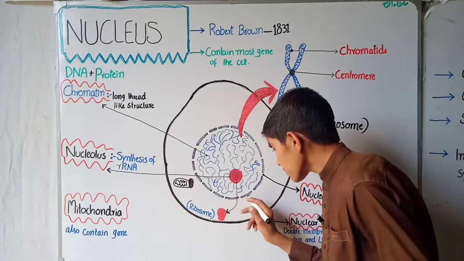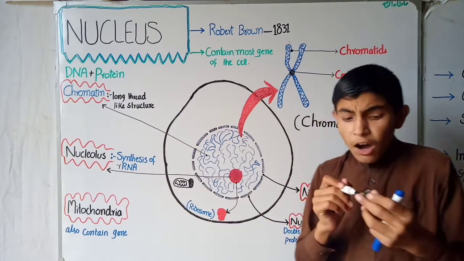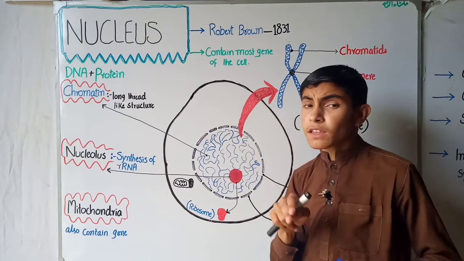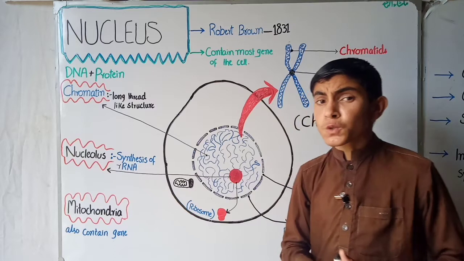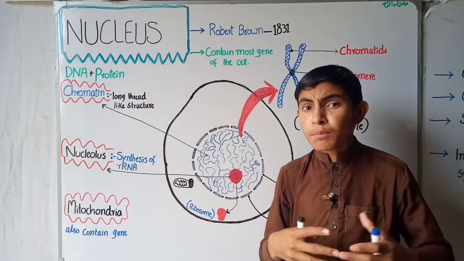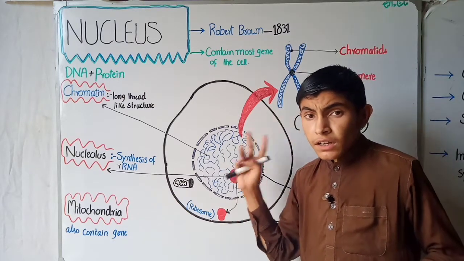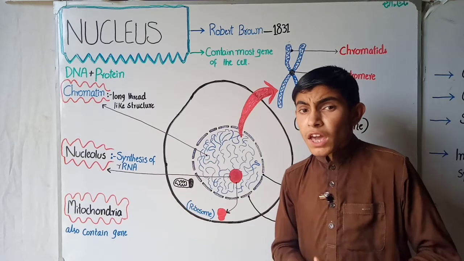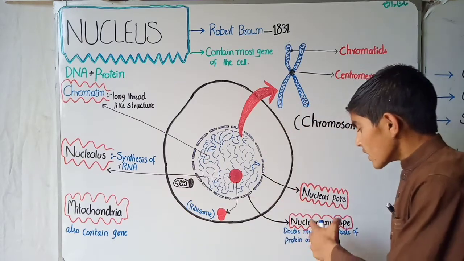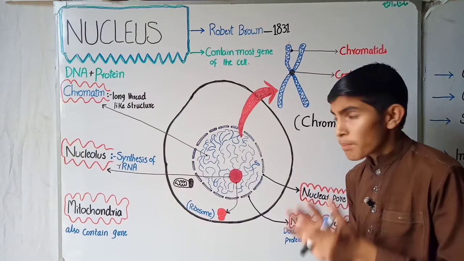So you can see here, this double membrane is made of protein and lipid, and just like the whole cell membrane also consists of protein and lipid, and this protein and lipid are prepared inside the cell by the rough endoplasmic reticulum, and we'll talk about it in the next lecture. So the nuclear membrane is also composed of protein and lipid.